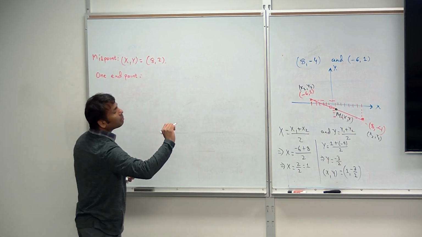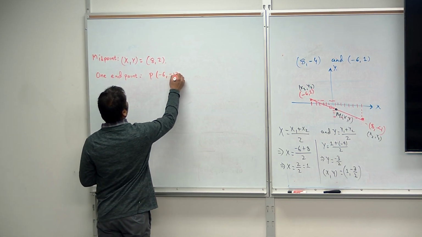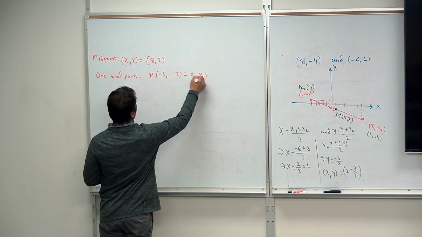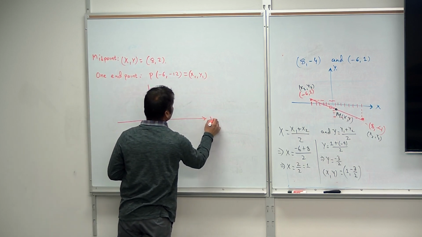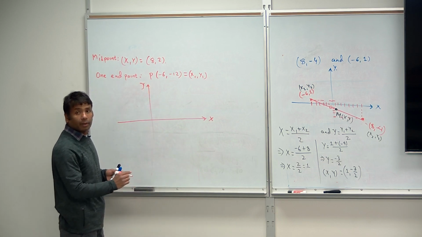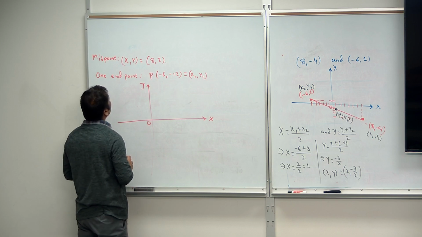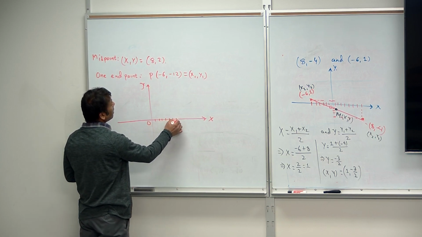What is that? P negative 6 comma 12. You can consider this as x1, y1 or x2, y2, whatever. If you have the x-axis and the y-axis, this is your origin. The midpoint 8 comma 2 is somewhere here, 1, 2, 3, 4, 5, 6, 7, 8 comma 2.